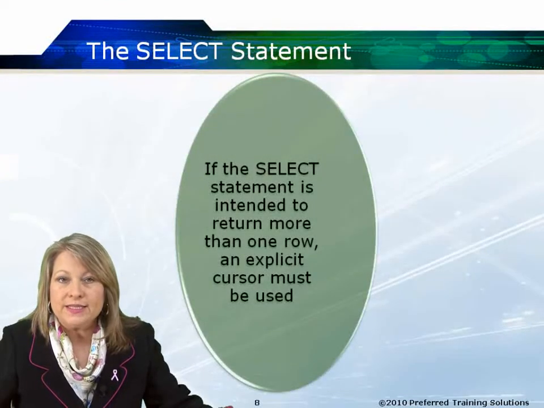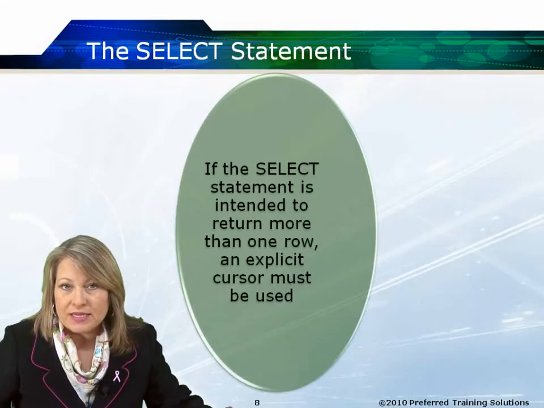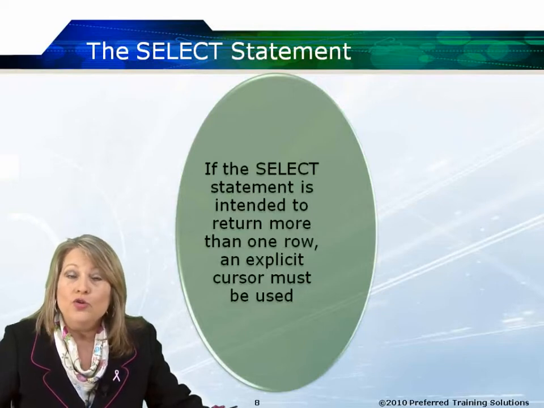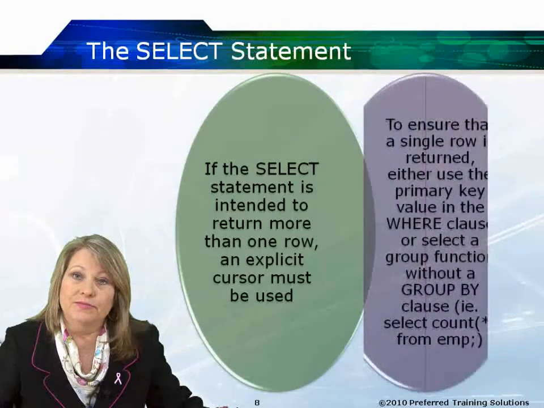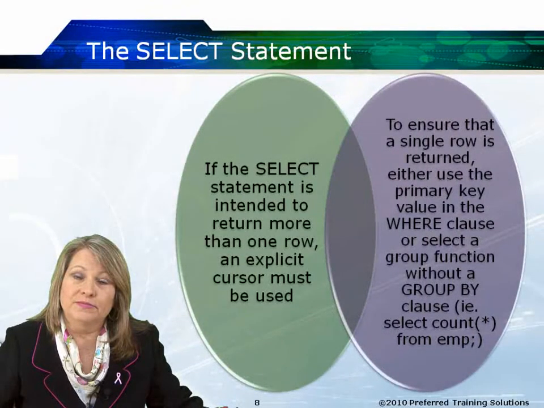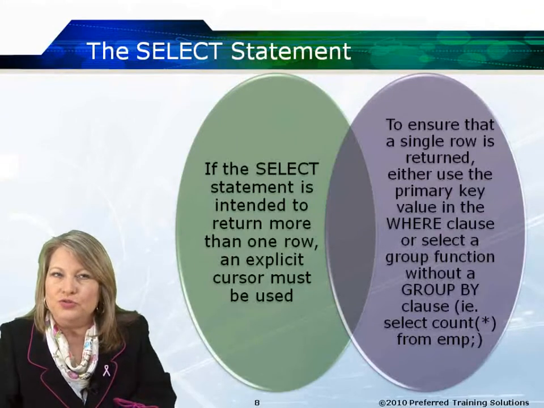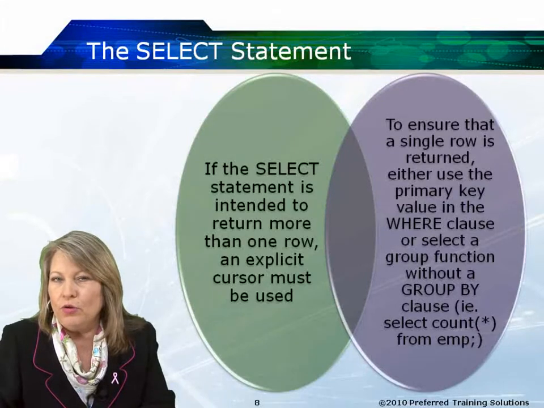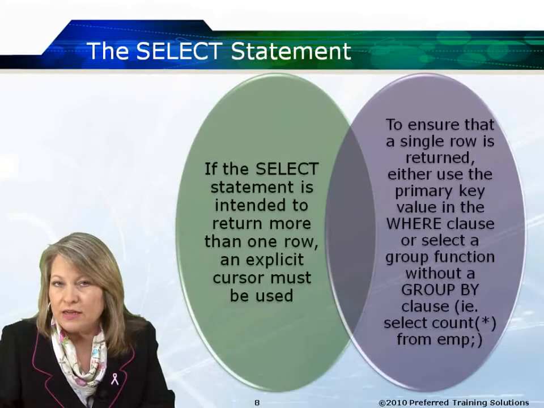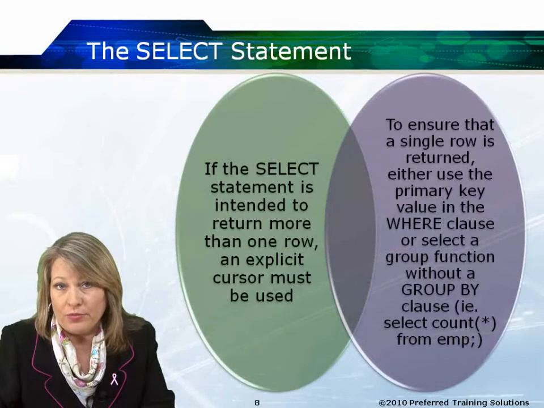So if you're writing a select statement in your PL/SQL block, and that select statement is intended to return more than one row, you are required to use what we call an explicit cursor. Now, until we get to the point where we talk about these cursors, when you're practicing PL/SQL programming, you need to be careful that when you issue a standalone select statement, you're returning just a single row.